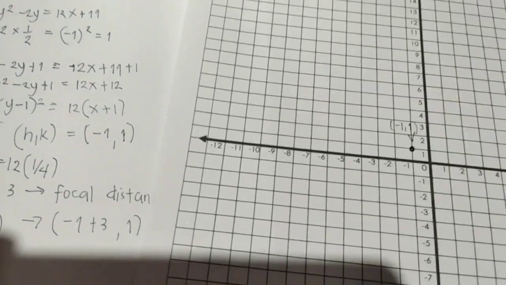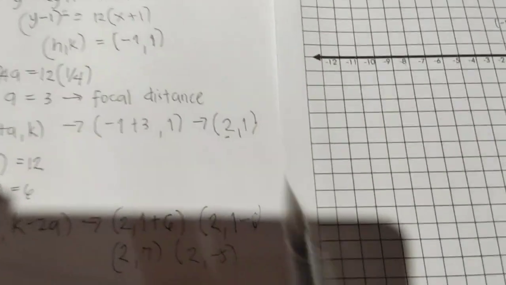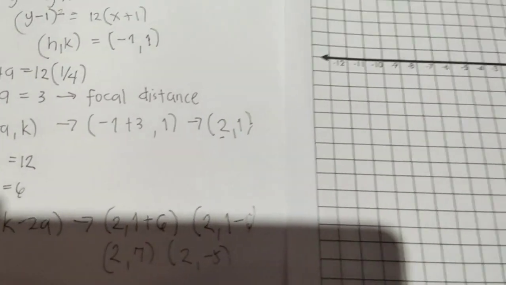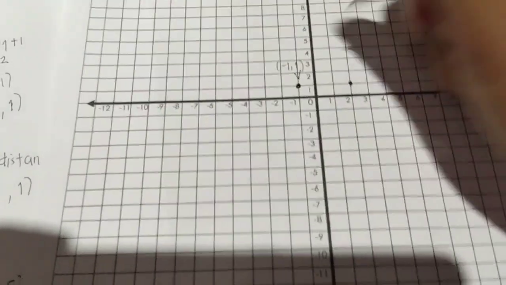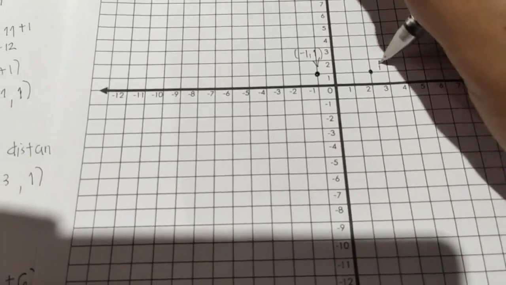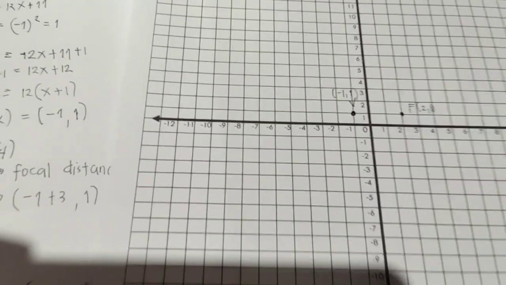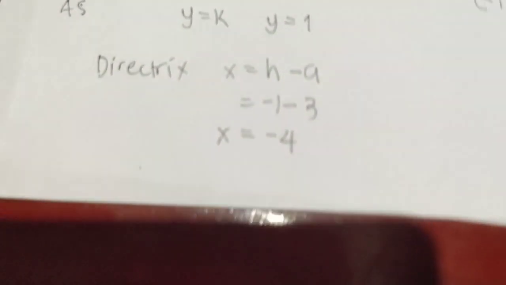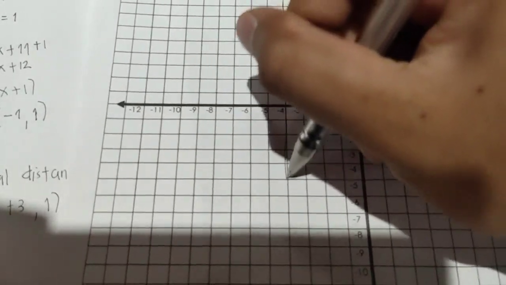And then we need to plot the focus of the parabola. The focus is (2, 1). So here, (2, 1). And then the line of directrix is x is equal to negative 4. So here is the line of directrix.